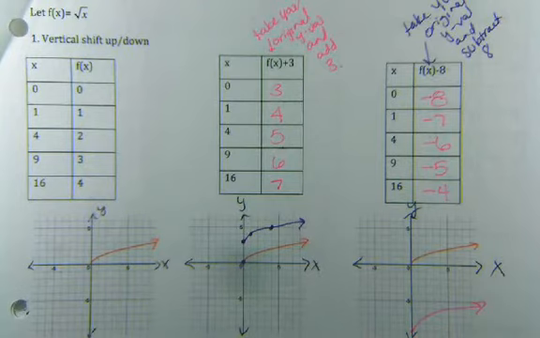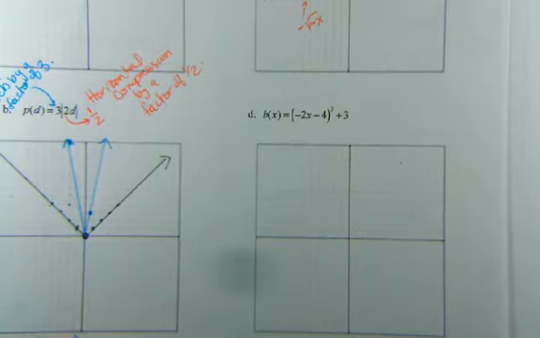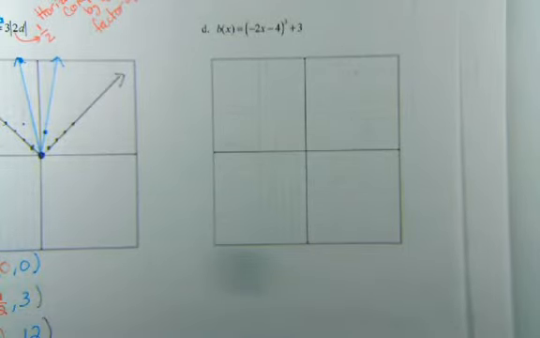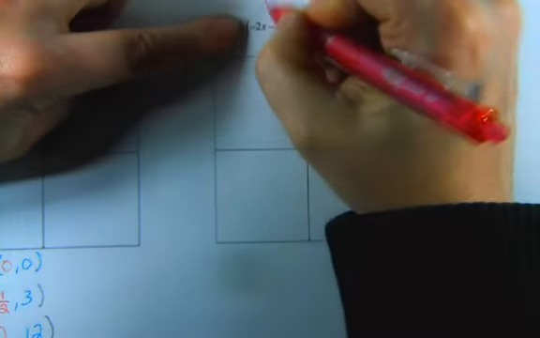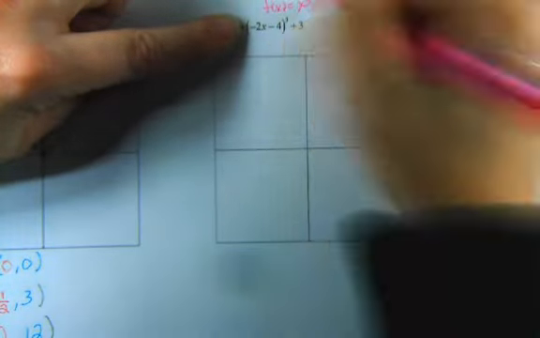And I wanted to close with one example, last one. To graph this, I'm going to identify the parent function as f of x equals x cubed. That looks like this. 1, 1, negative 1, 1, 2, 8, and then negative 2, 8.